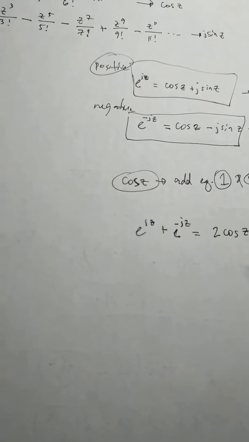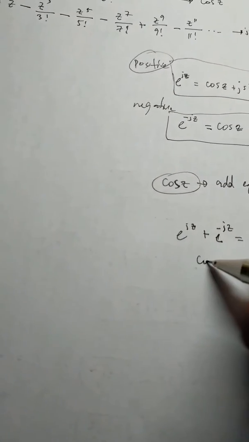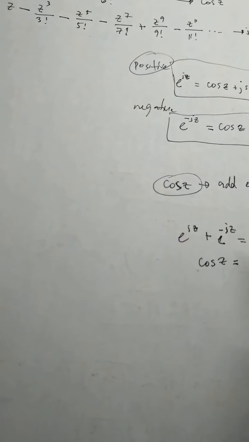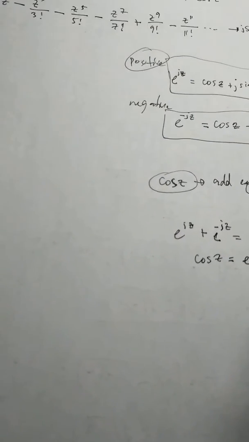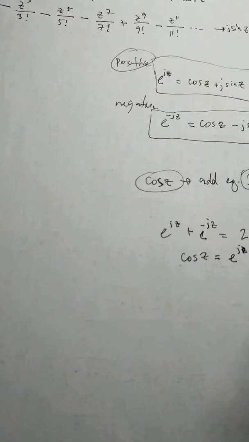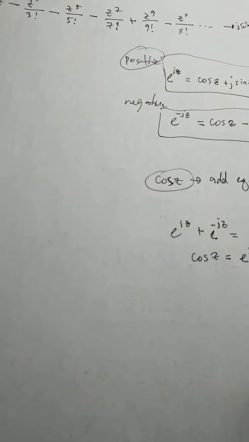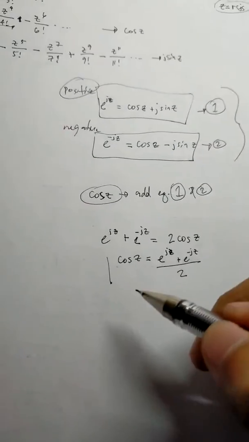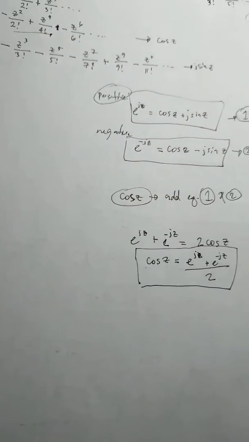Okay, so maging 2 cosine z, or cosine z now is equals to, so transfer ko lang siya, e^jz plus e^-jz over 2. So amo na ni siya ang aton nga cosine z or cosine theta naton.